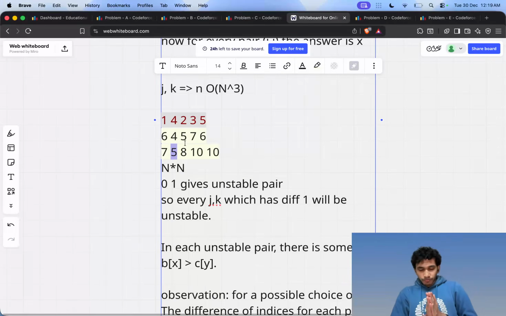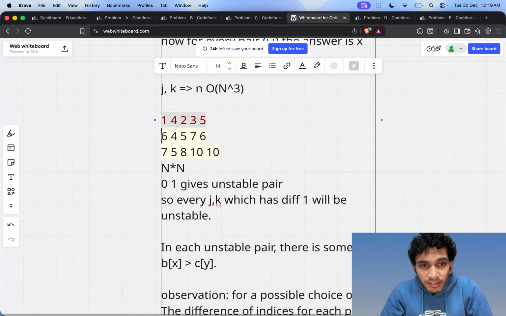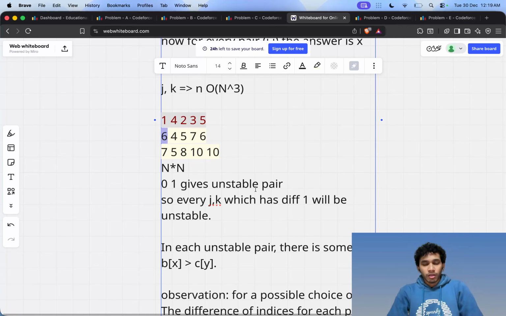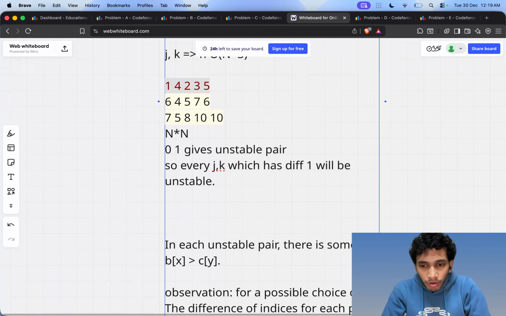So for each unstable pair, if we find another unstable pair of the same difference of indices, then there is no need of subtracting anything more, because all the possible pairs that were unstable due to this difference have already been removed. So what did we observe?